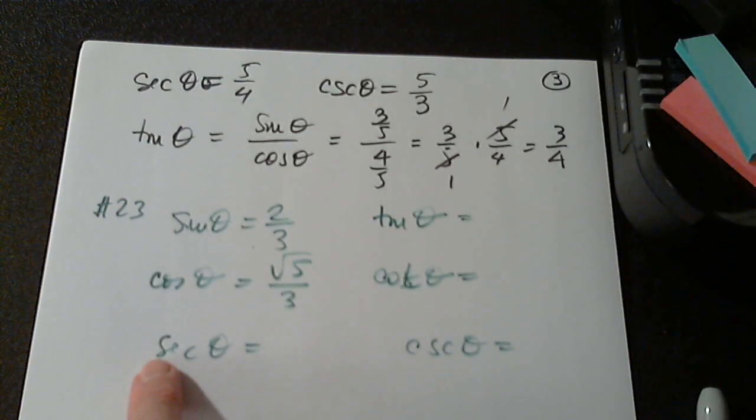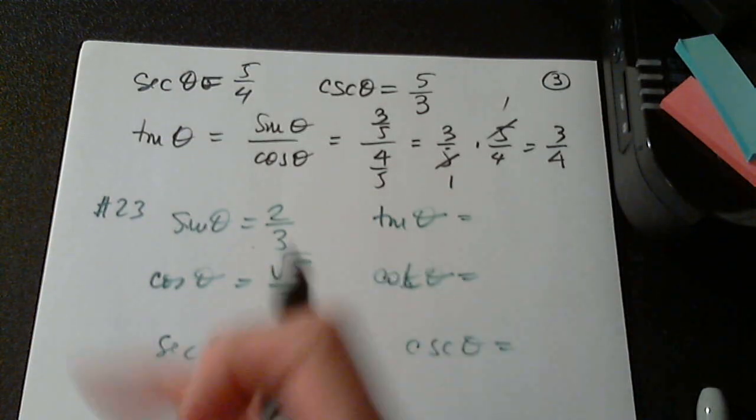It starts with S, it cannot be 1 over S. It has to be 1 over cosine. Sorry, I couldn't hear you. That's okay. So if it starts with S, it's 1 over C. If it starts with C, it's 1 over S. Good. So secant is 1 over cosine.